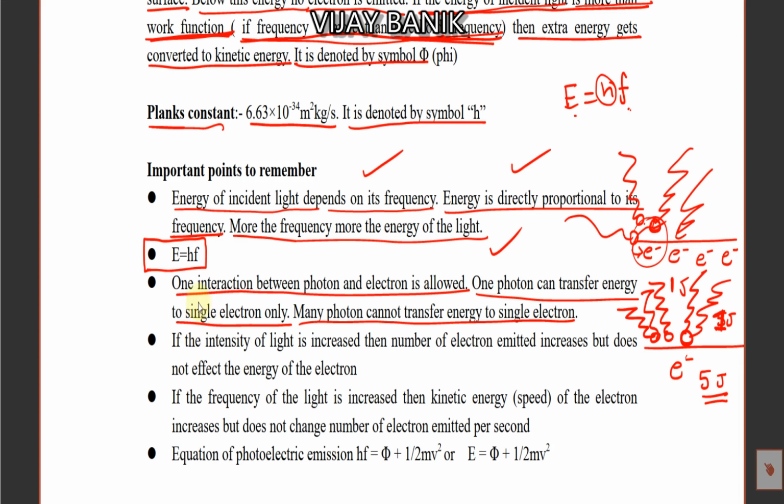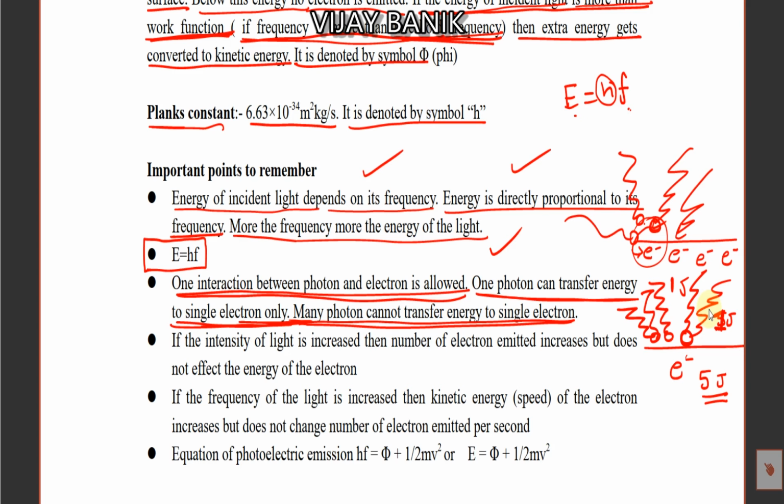See what I wrote over here. One interaction between the photon and electron is allowed. One photon can transfer energy to a single electron only. Many photons cannot transfer energy to a single electron. This is just like, let's say I'm supposed to get 5 real from one of you, and 5 of you said, okay, bhaiya, we will pay 1 real each, you will get your 5 real. But no, I need 5 real only from that guy.